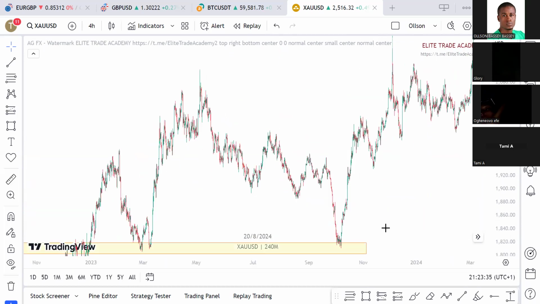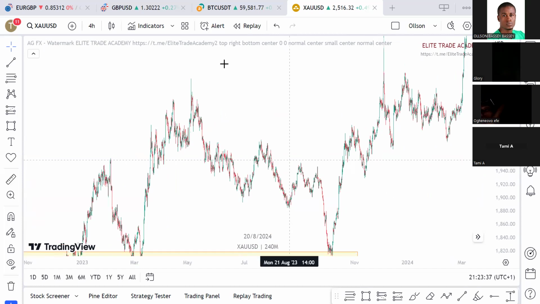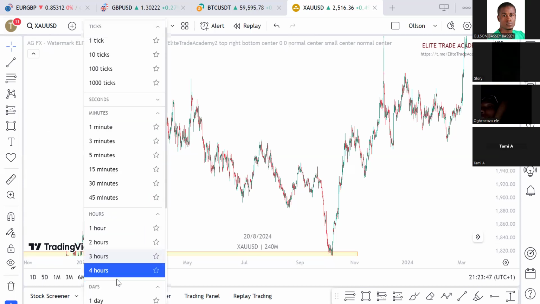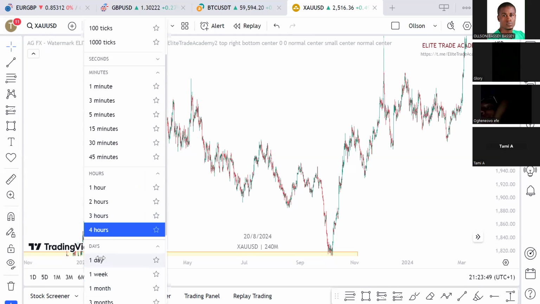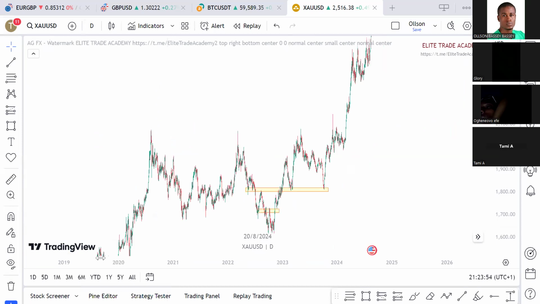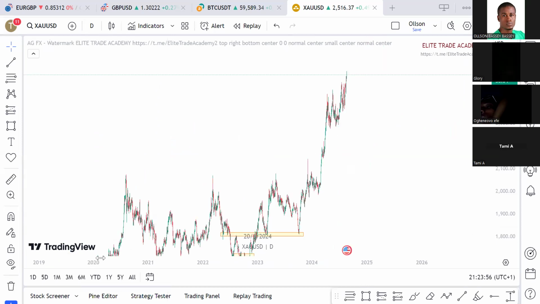This is how amazing price can be. I'm not going to go too deep into this so that you will not get overloaded with information. So this is how to spot your market structure. You can see we've been on the way up.